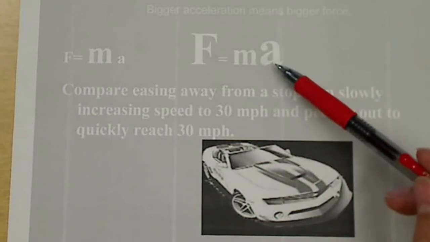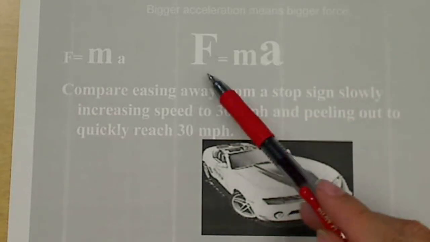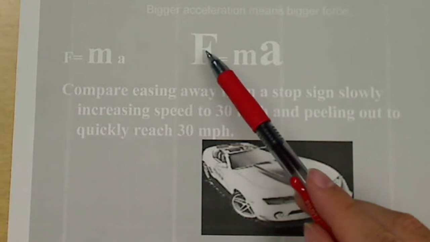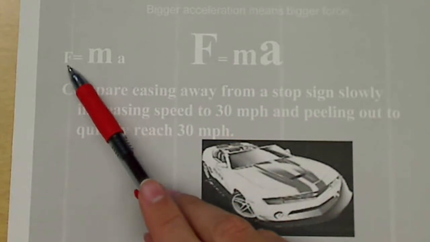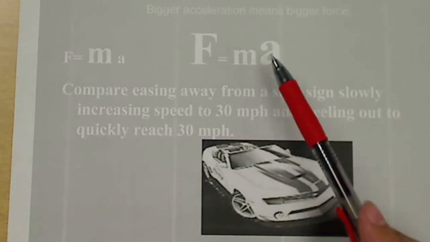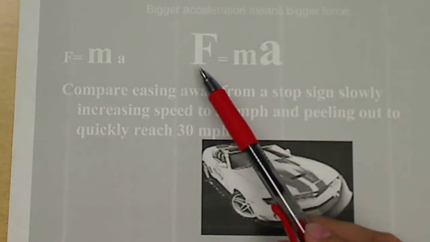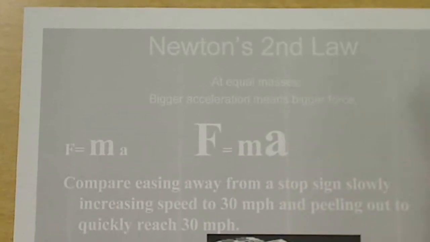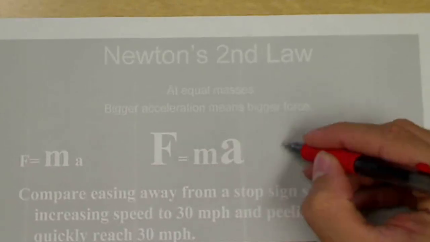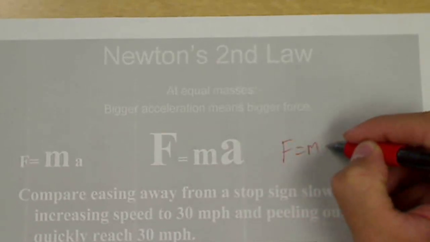If, on the other hand, we peel out, we have a high acceleration, and we reach that speed limit in just a couple seconds, we have a very high force. In the first case, we can barely feel the car pushing us. There's barely any force. In this case, we slam on the gas, and we are slammed to the back of our seats as the back seat of the car really pushes us forward. Directly proportional. Okay? That's Newton's second law. Just F equals ma.